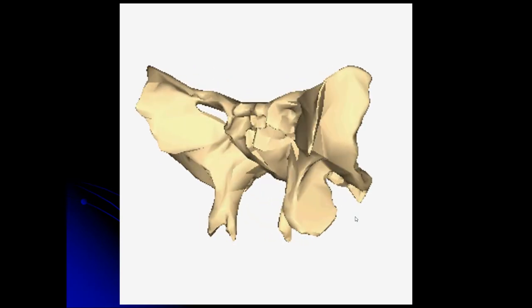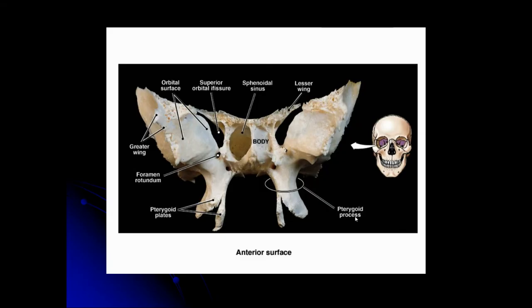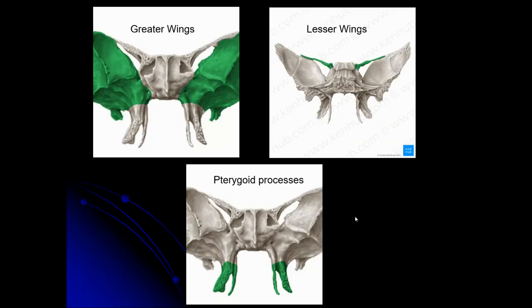Well, all of these are bone markings. If you look at the 3 pictures here, you can see what they're called. So the wings part are called wings. They're called the greater wings. But the parts that are called antennae are not called that. They're called lesser wings.